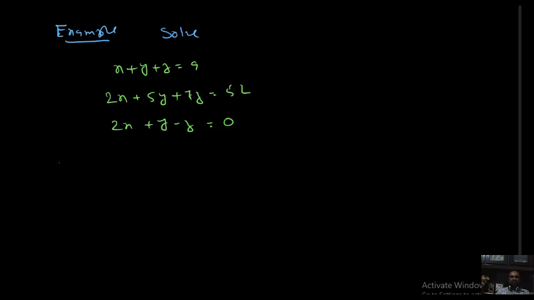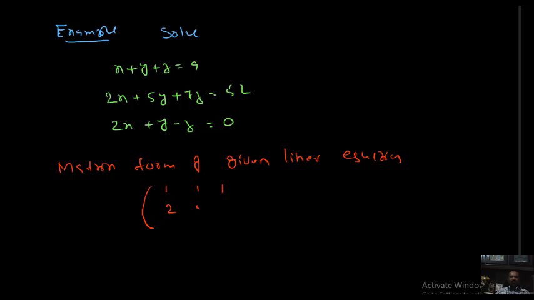Matrix form of the given linear equations. Directly I want to write [1 1 1; 2 5 7; 2 1 -1] into [x y z] should be equal to [9 52 0].